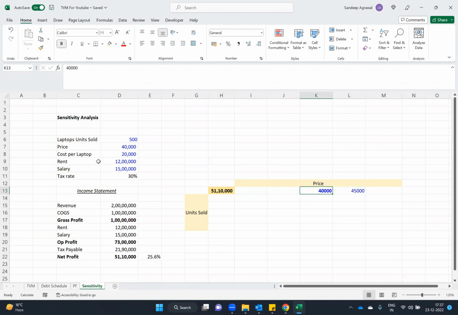What if the price increases to 45,000 or 50,000? And what will happen if the price decrease to 35 or 30,000? Units sold is 500 currently.